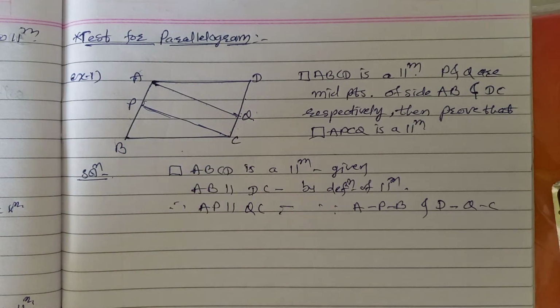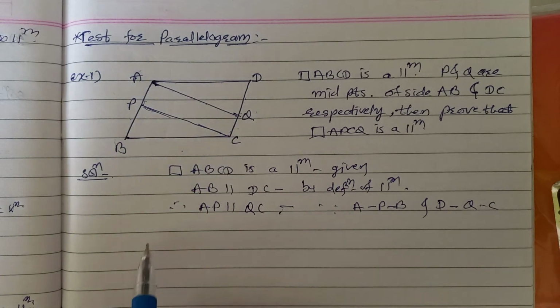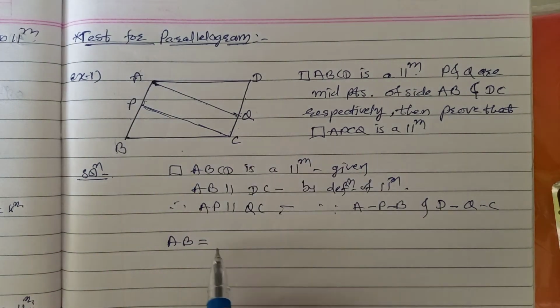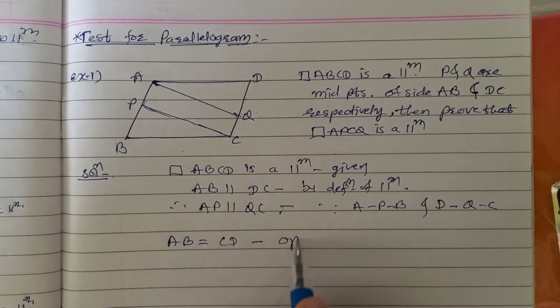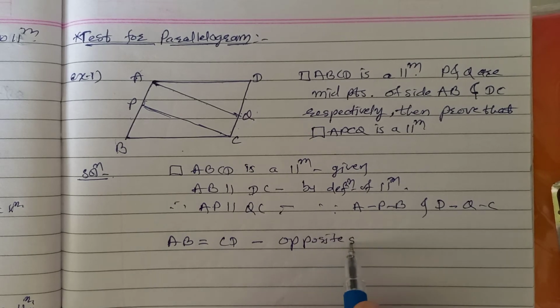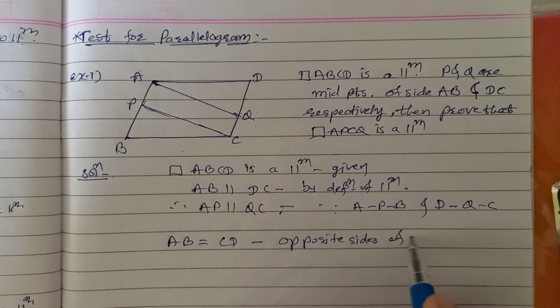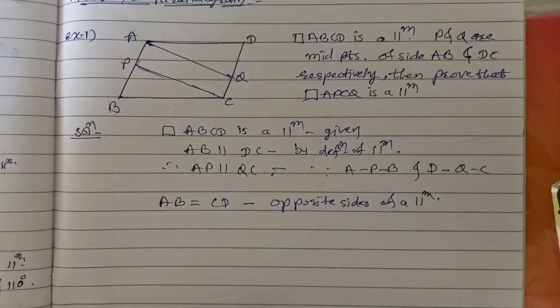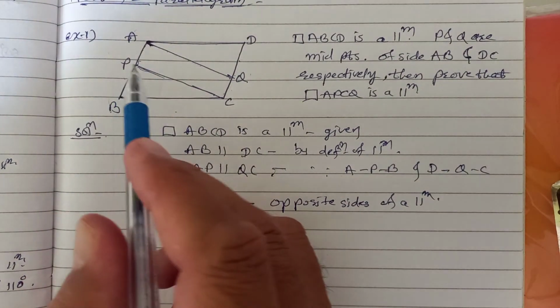Now we have to show these parts are congruent. So now here we can say AB is equal to CD, opposite sides of a parallelogram. Very simple. See the proof. We know opposite sides are parallel, congruent and parallel also.